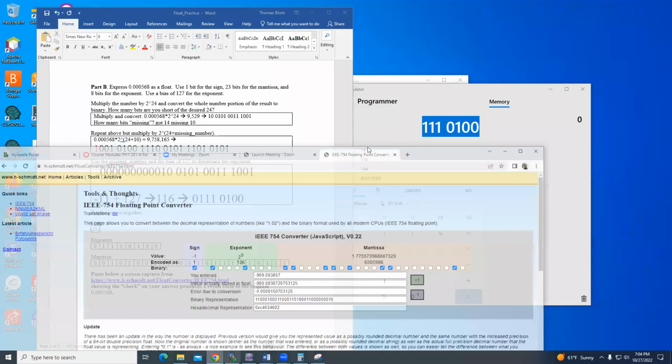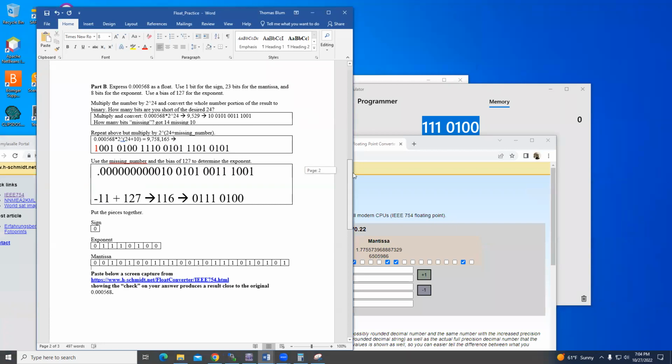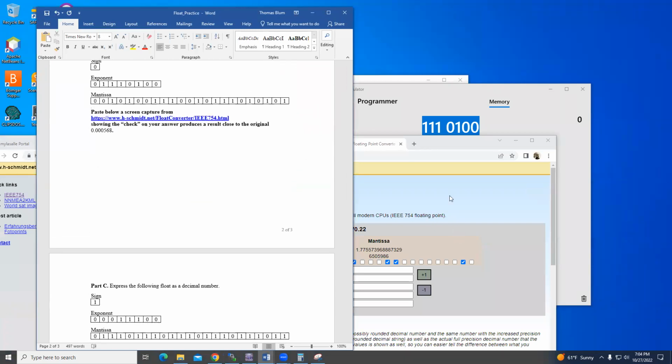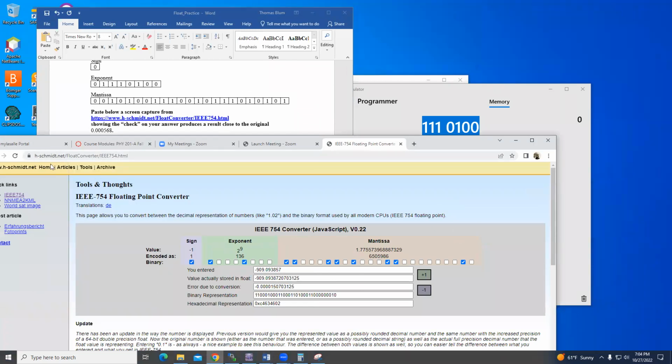Where is Herr Schmidt? There's Herr Schmidt. And the exponent down here was 0, 1, 1, 1, 0, 1.